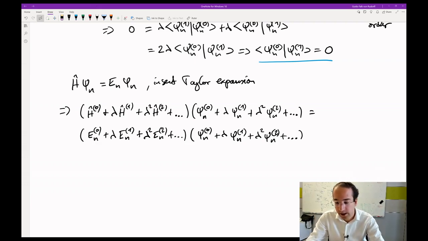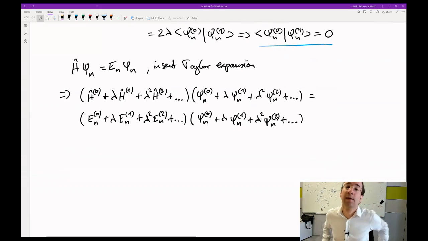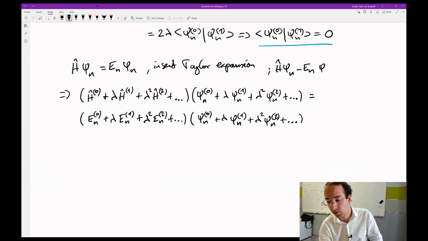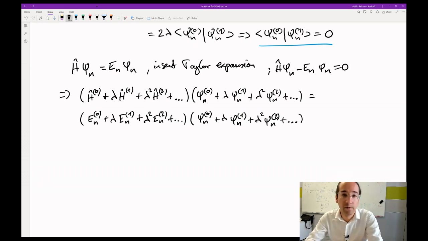So that's why we will now dissolve those expressions and group terms in order of lambda. Now, for this to be a little bit clearer, I will subtract these two functions from each other. That would be equivalent to saying Hamiltonian times the wave function minus the energy times the wave function. So we will group terms and then write them following that convention.